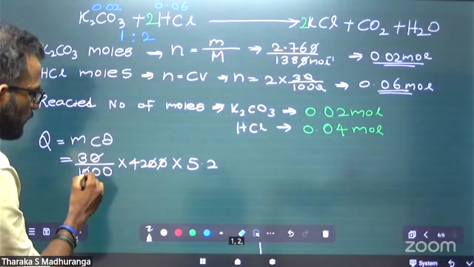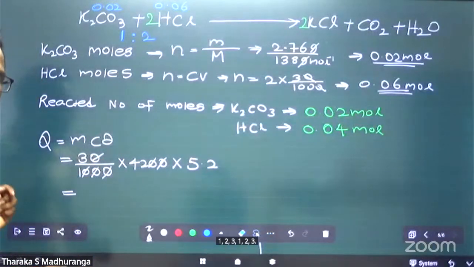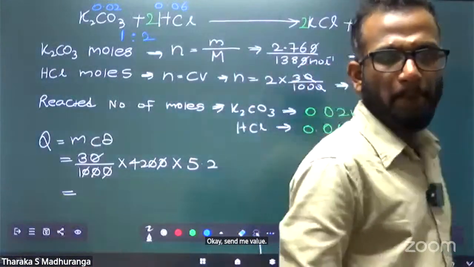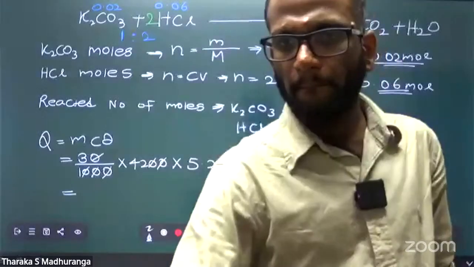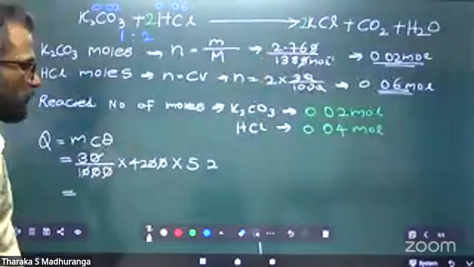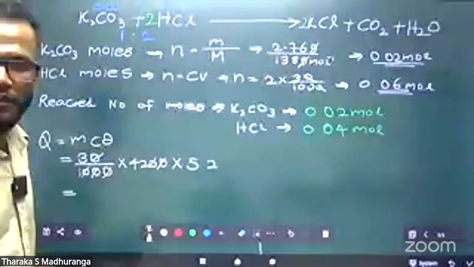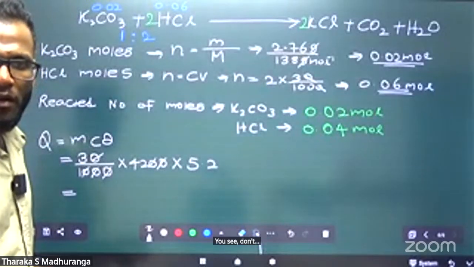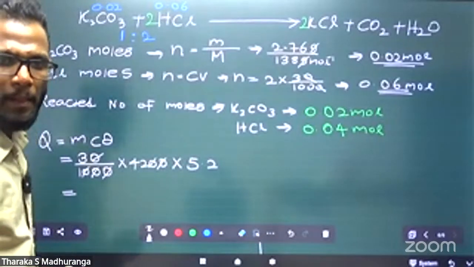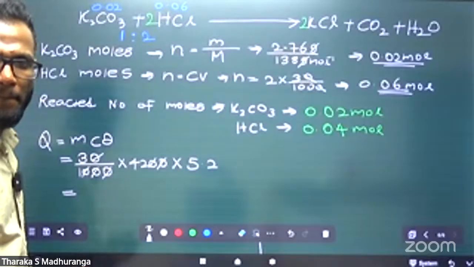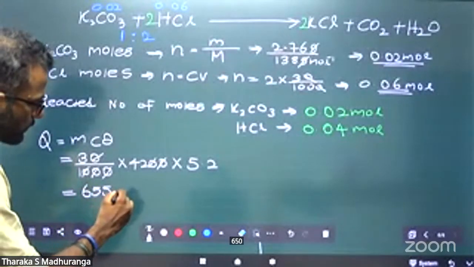Send me the value. Is it in joules? Yes, 4.2 into 3 into 5, right? 655.2 joules.